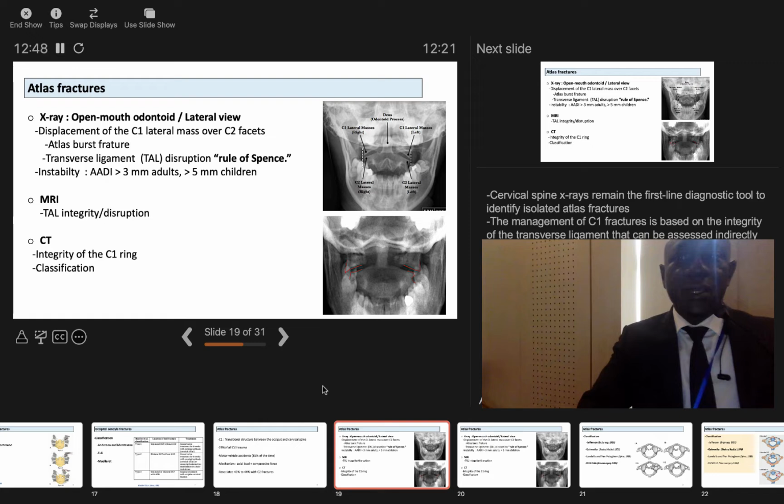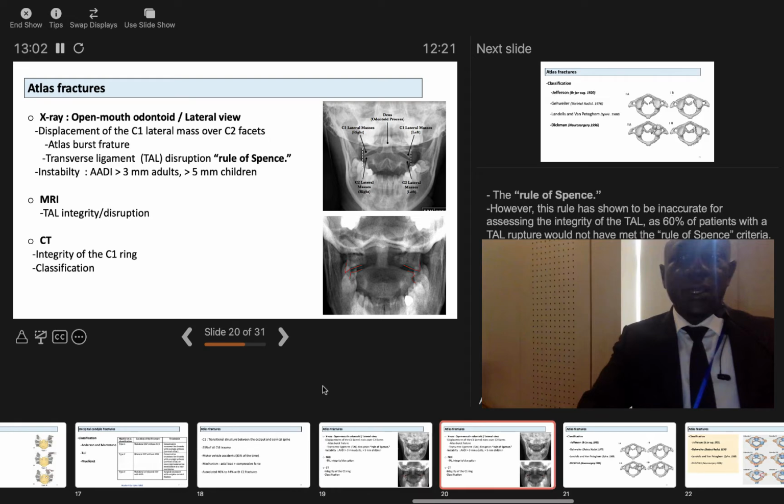This is the rule of Spence. A measurement over this number denotes a rupture of the transverse ligament and need for accessory ligamentous stabilization.